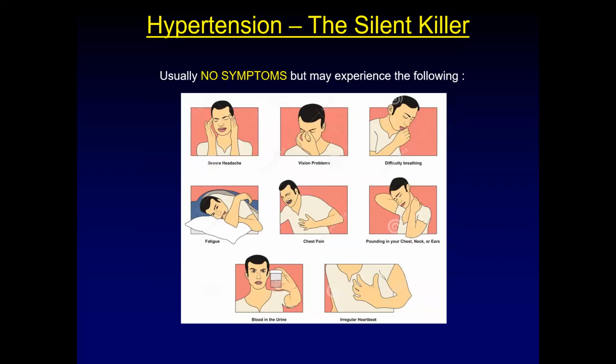So we'll talk about a risk factor now for stroke. It's really a risk factor for all kinds of cardiovascular disease, in addition to actually being the disease itself. That's hypertension. Hypertension, or elevations in blood pressure, very often has no symptoms whatsoever.